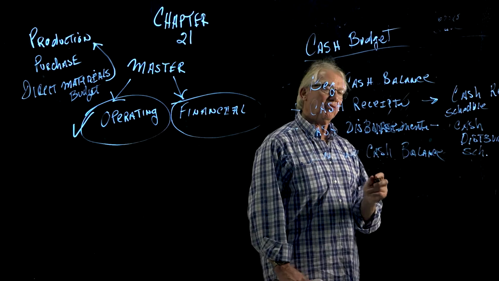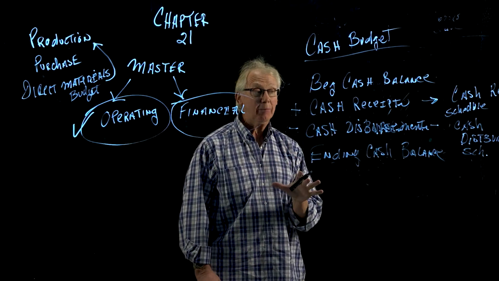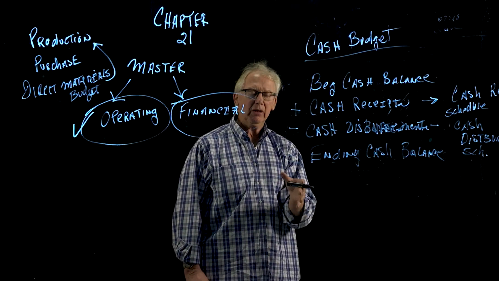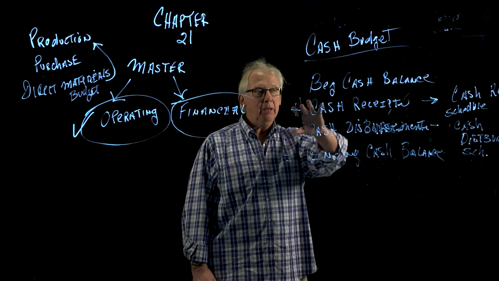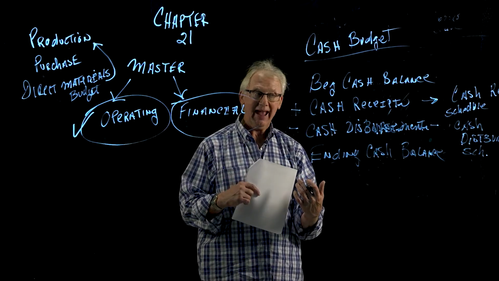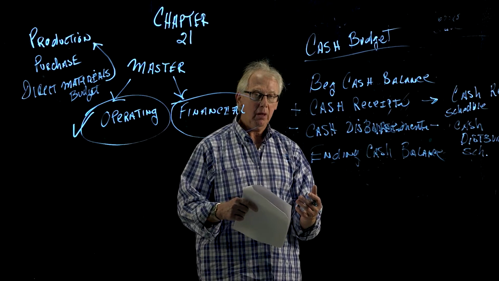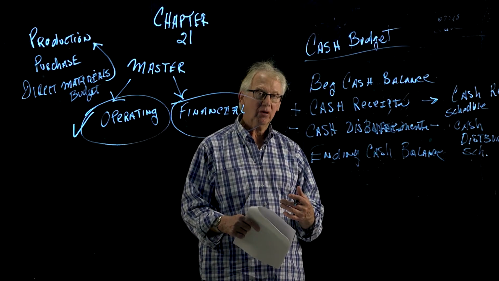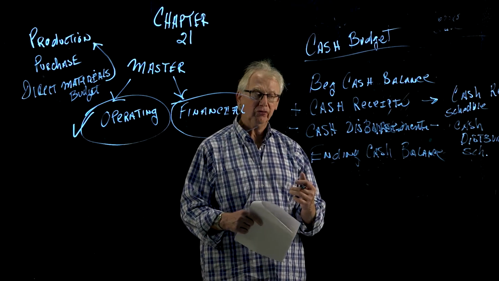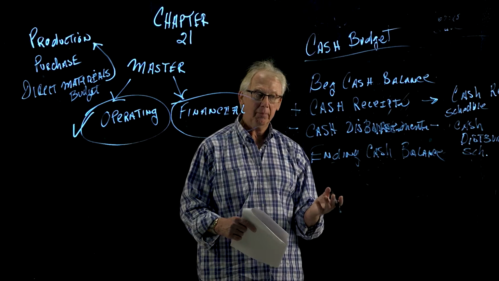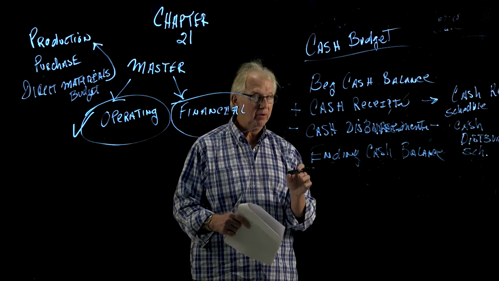Cash disbursements means cash payments. So if you look at this logically, it's pretty easy to understand. Beginning cash balance plus what you take in cash from all your sales minus what you pay out in cash for all your purchases gives you your ending cash balance for the period. That's a cash budget.